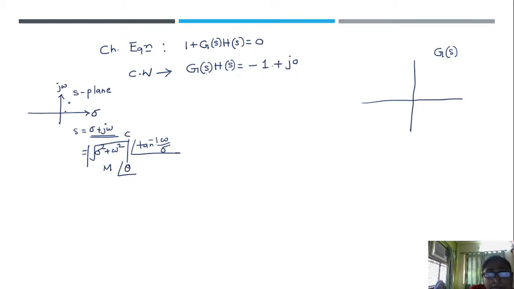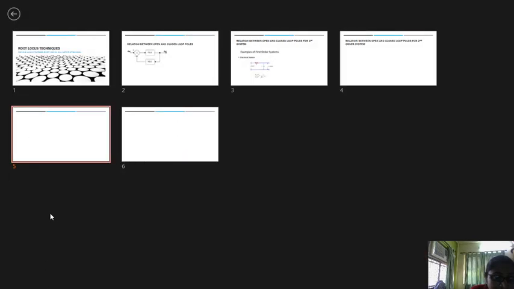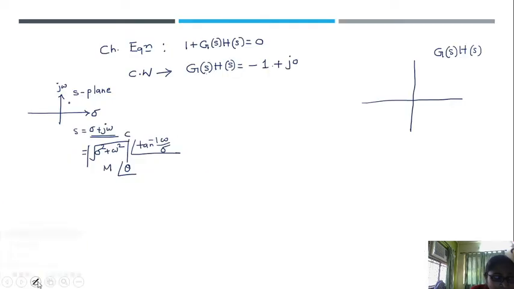The G(s)H(s) plane also has a real and an imaginary part. Minus 1 means here: this is the real axis, this is the imaginary axis, and this is minus 1. Minus 1 means the imaginary value is 0, so I can write it as minus 1 plus j0.